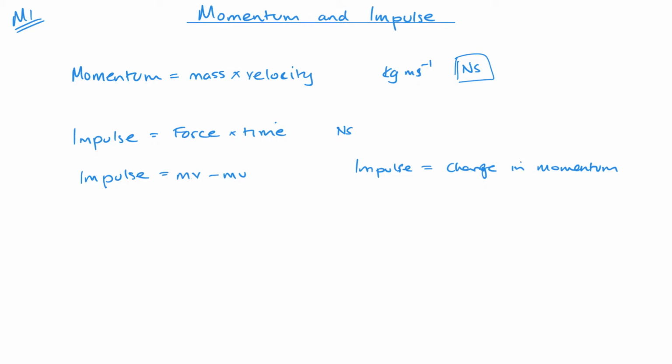Now, part of this unit is also about the conservation of momentum. What that basically means is that any momentum we had before any impact is going to be equal to the total momentum we have after that impact. So the amount of momentum isn't going to change.